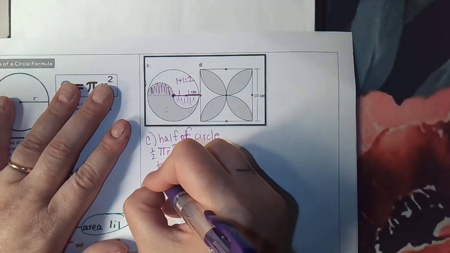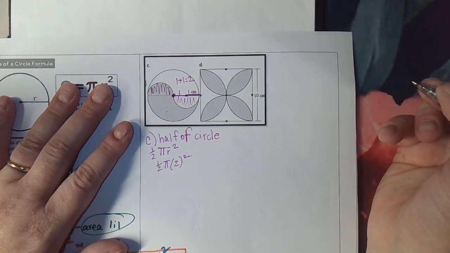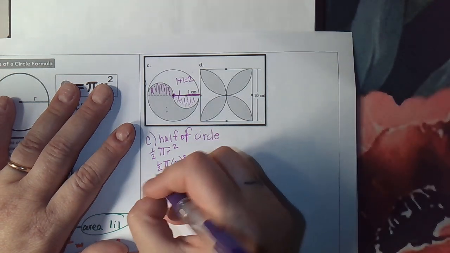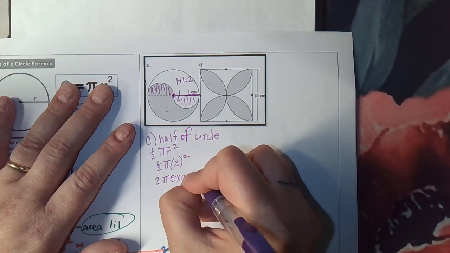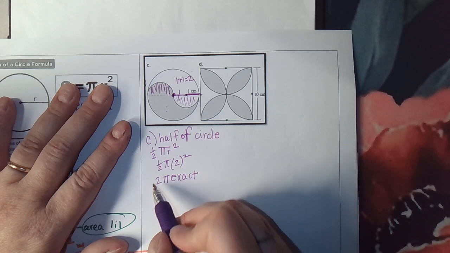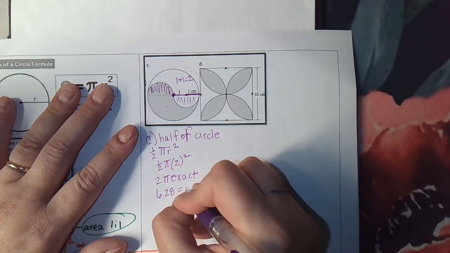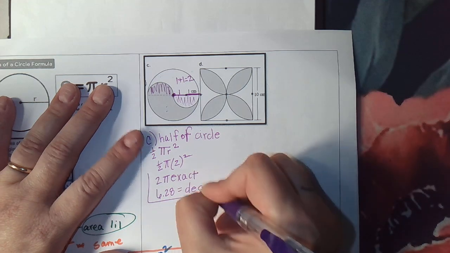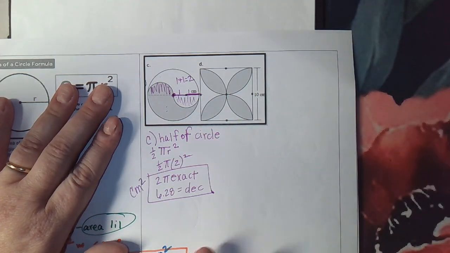So we're going to have 1/2 pi times 2 squared. And I think that makes 2 pi, and that's the exact. If you want a decimal, you type 2 times 3.14 in your calculator, and you get 6.28. And all of these are centimeters squared.